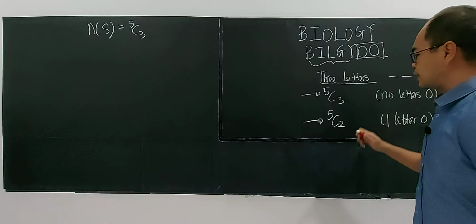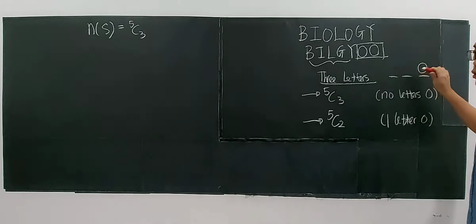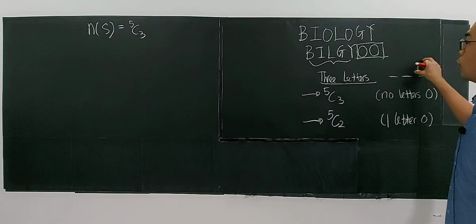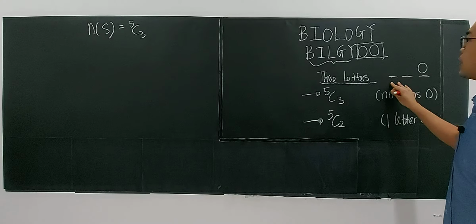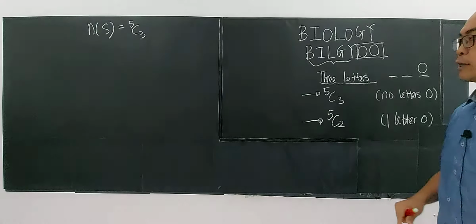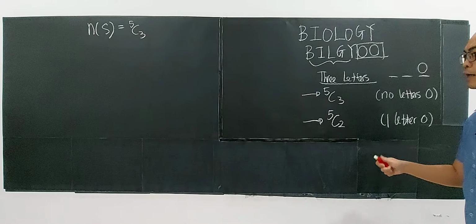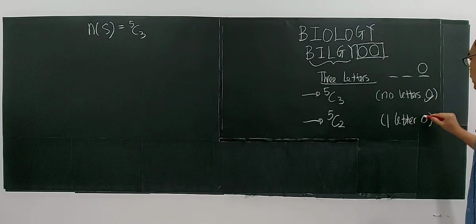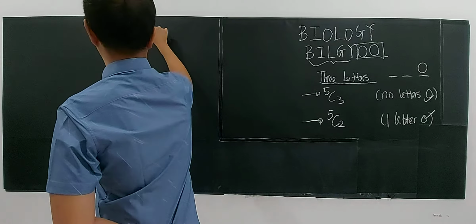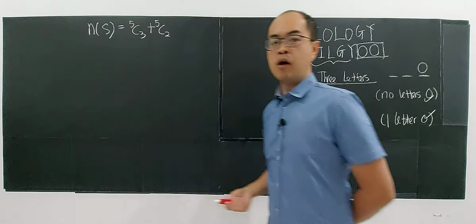If the 3 letters contain one letter O, and you don't need to arrange, then the other 2 must come from these 5 alphabets, which is 5C2. One letter O is already inside. So I add it into the possibilities. Is there any more possibility?